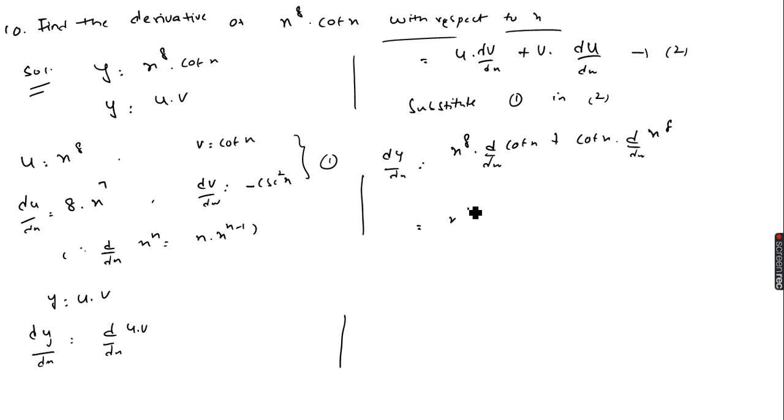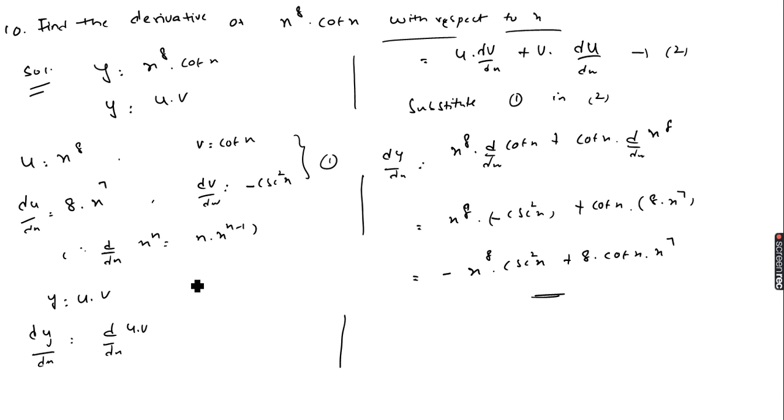So we get x power 8 into d by dx of cot x, which is minus cosecant square x, plus cot x into 8 into x to the power of 7. So finally we get minus x power 8 into cosecant square x plus 8 into cot x into x power 7.